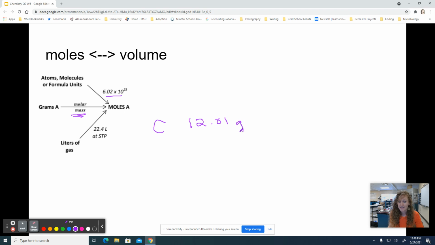I'll give you a hint, it's not grams. The molar mass of carbon is 12.01 grams per mole. So don't drop your units. Remember, all 3 of these are going to have 2 units, which make them a conversion factor. In order to be a conversion factor, you have to have 2 units.